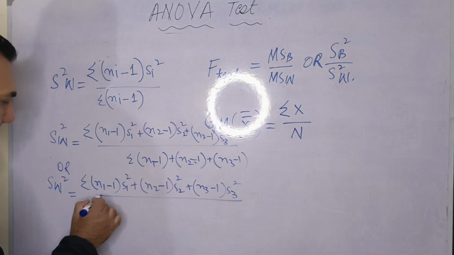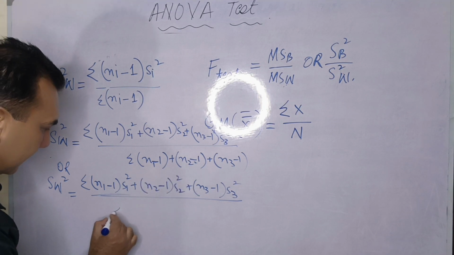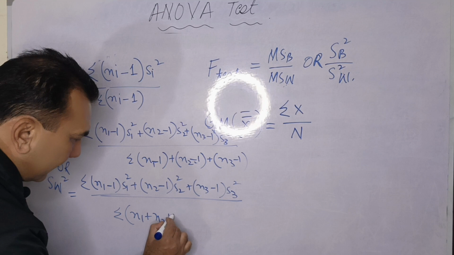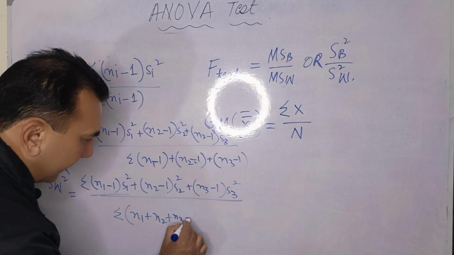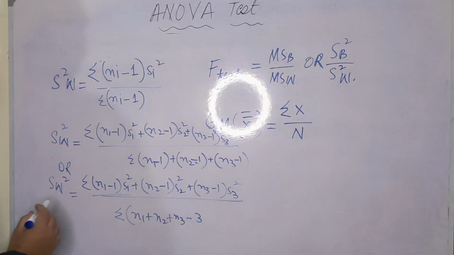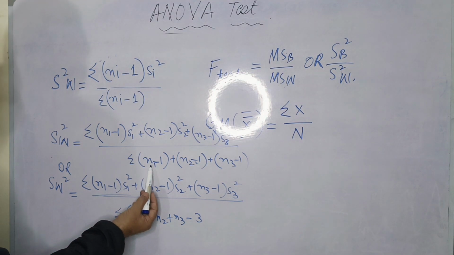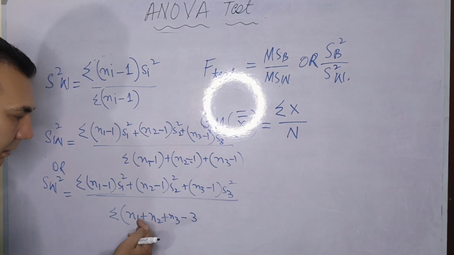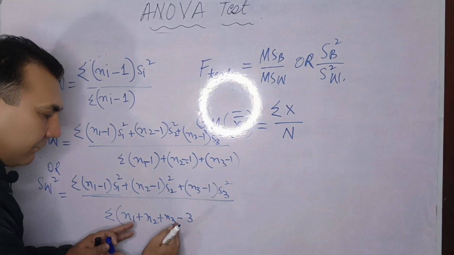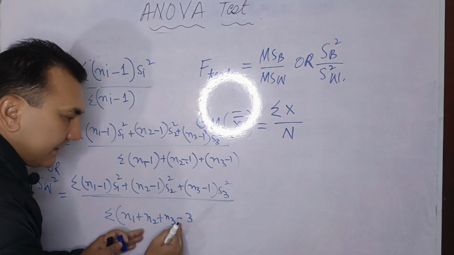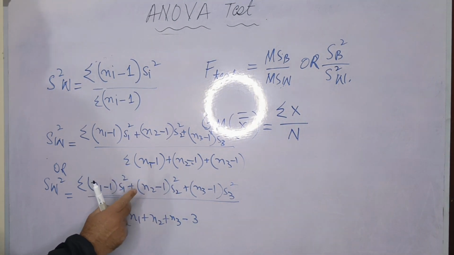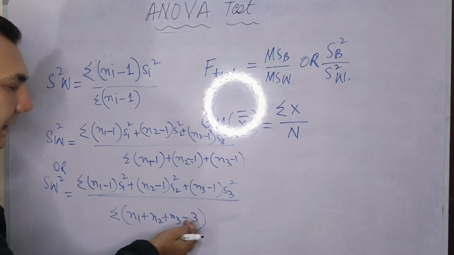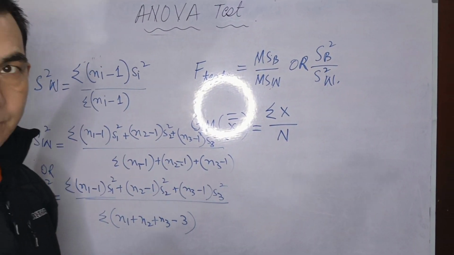Then you can write the sum of n1 plus n2 plus n3, minus 3. If you subtract 1 from each sample, or sum all three sample sizes and then subtract 3, the answer will be the same.